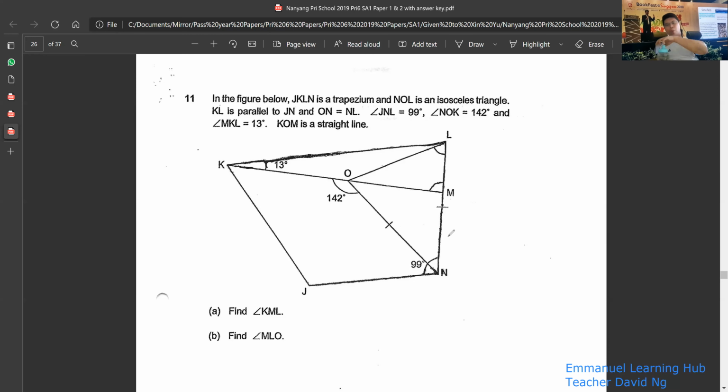Trapezium reminds you of... okay, what's the difference between a trapezium and a parallelogram? Probably what is the similarity? For example, what is a similarity?